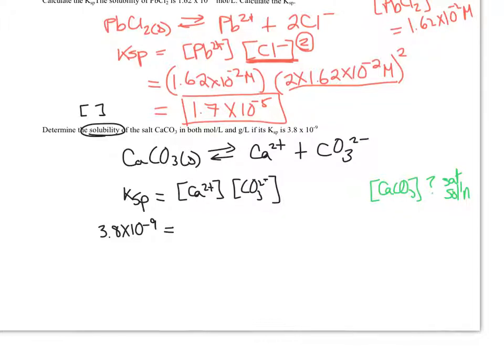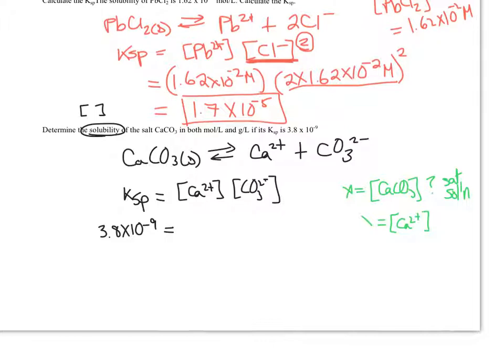So I don't know what that is. I don't have any other numbers except for the Ksp, so I'm going to say, well, let that be X. If the concentration of the calcium carbonate as a saturated solution is X, what would be the concentration of the Ca2+ ion?